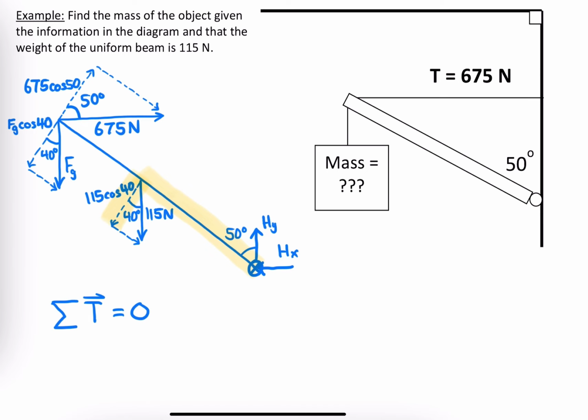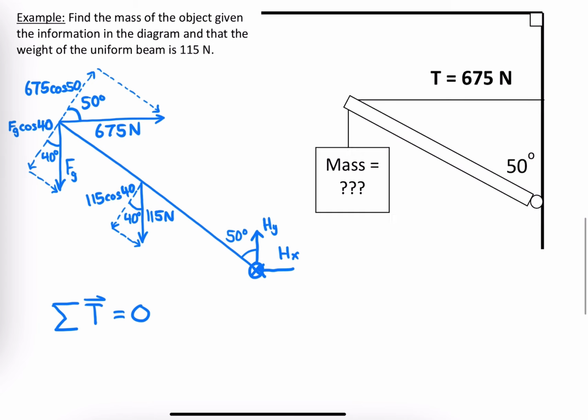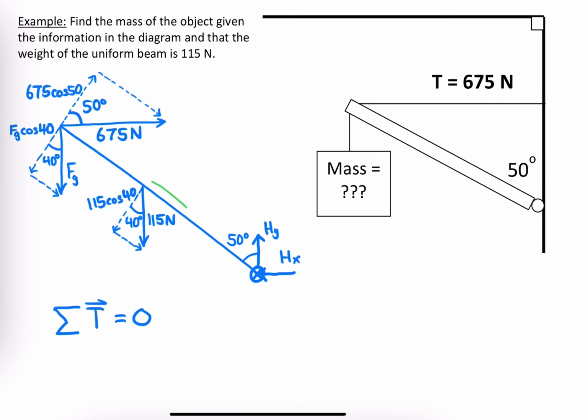Well, right away I have an issue, and that's that I don't know that distance. So that's okay. I'm just going to call it x. So we'll say the distance from here to here is x.